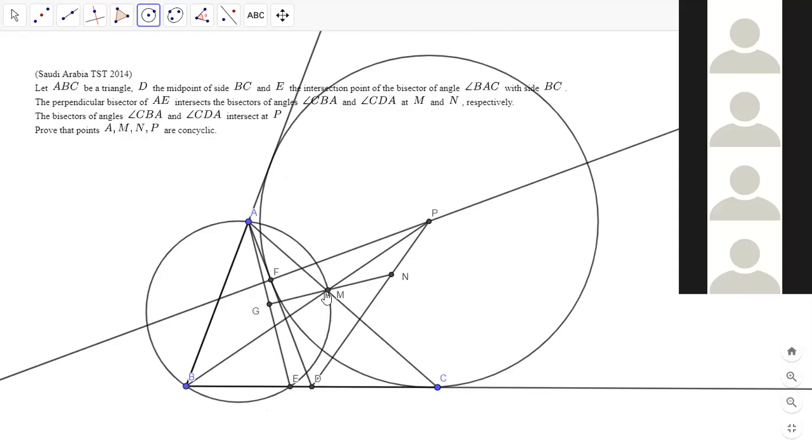Oh, because M is the midpoint of arc ABE of the triangle ABE, but P is the X center of ABD. That's what makes it look weird. I think we haven't used the fact that D is the midpoint of BC. Yeah, we have to use that somewhere, you're right.